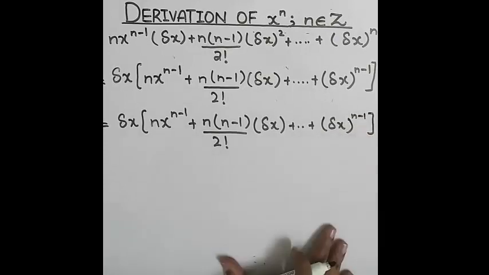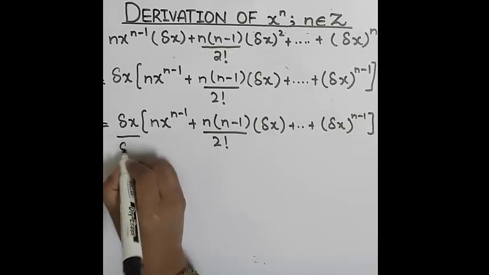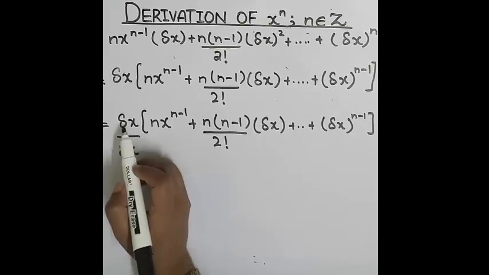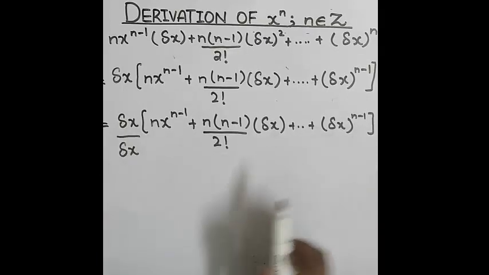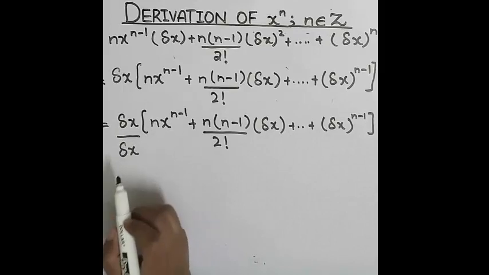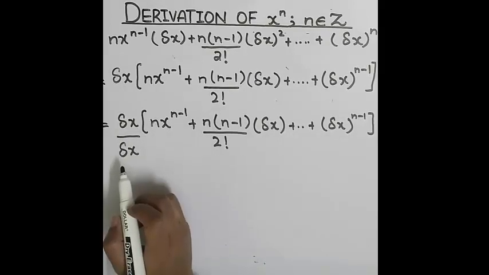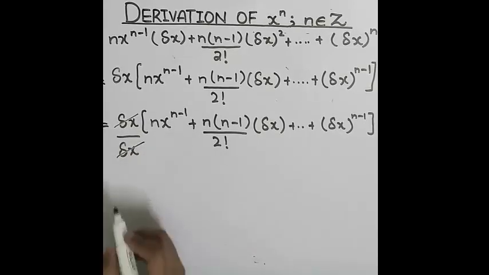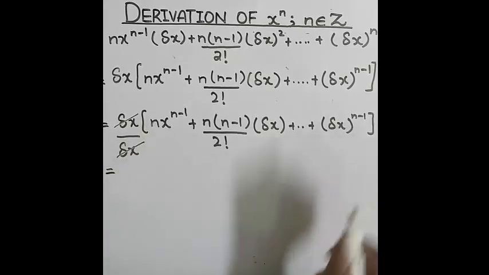Divide this whole term by delta x. Here we have delta x which we have taken common from all the terms, and here we have delta x which we have divided according to ab initio's third rule. So we can cancel it out and we are left with this term.